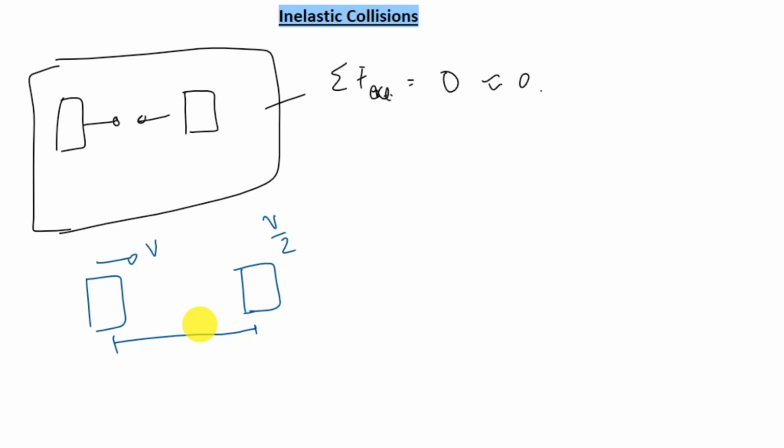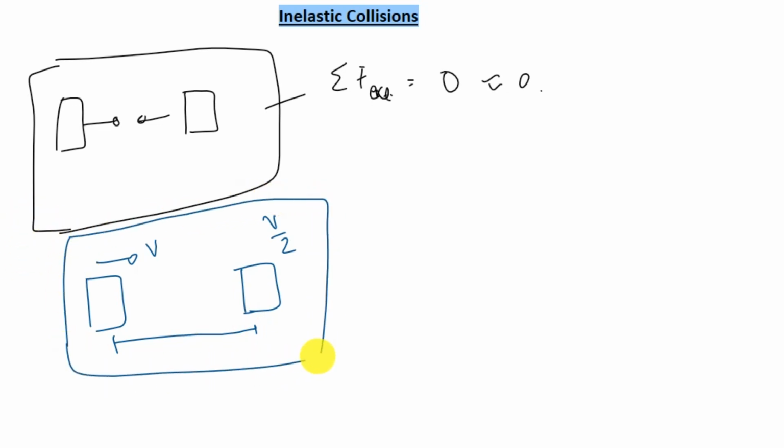Here you must understand that the net force acting on these two blocks is zero if we consider this to be our system. क्योंकि देखो यहाँ पे क्या है, weight is acting in the downward direction which is balanced by the normal force, because अगर मैं ये surface पे देखूँ, किसी surface पे चल रहे होंगे ना भाई ये blocks, so the normal force is balanced by the weight, and drag force हम लोग consider नहीं कर रहे, it's a very negligible kind of force. So here the net force is zero, that means the collision has occurred.